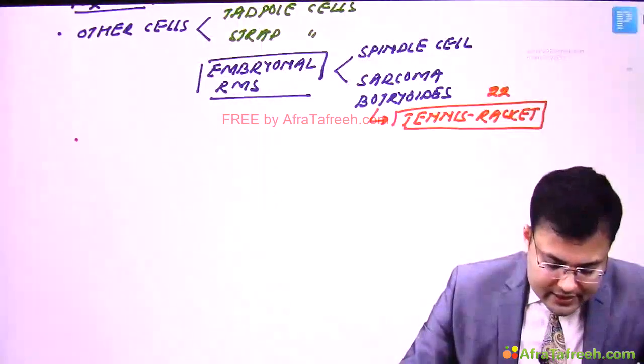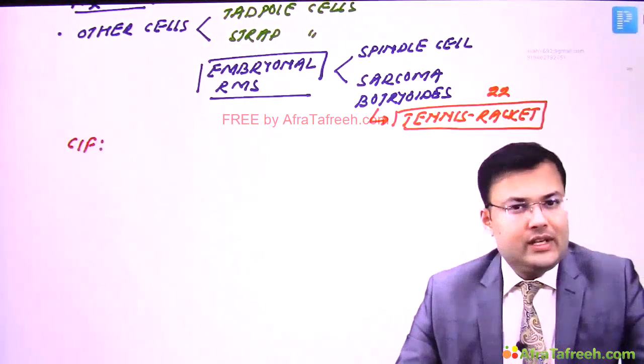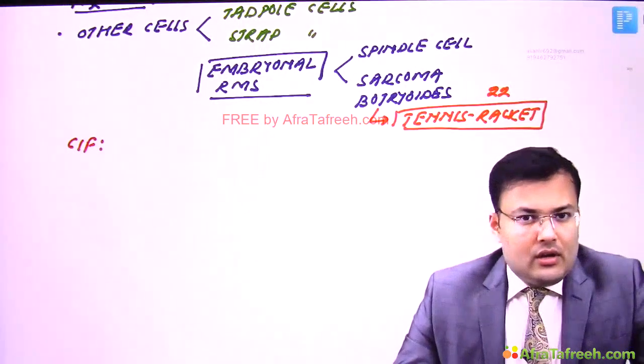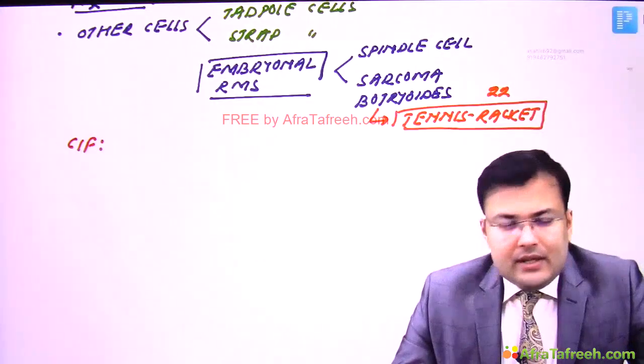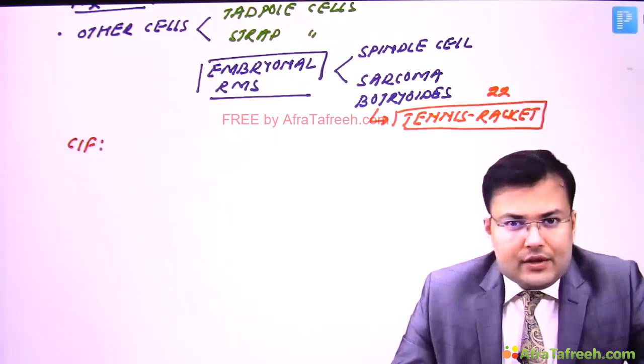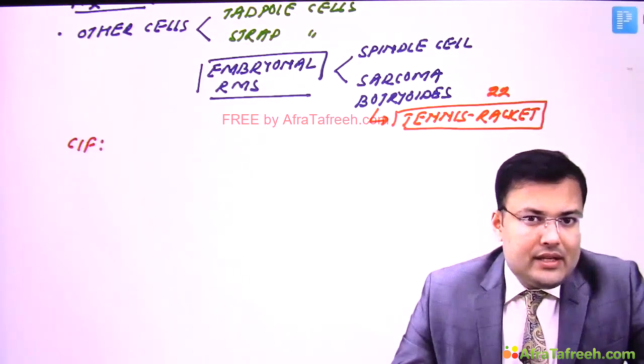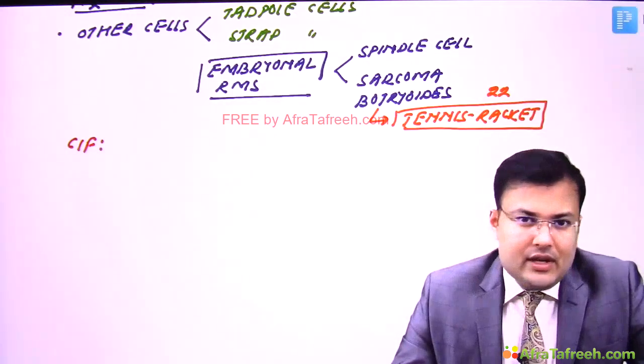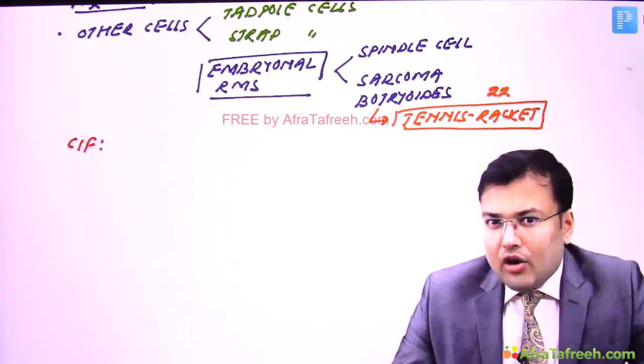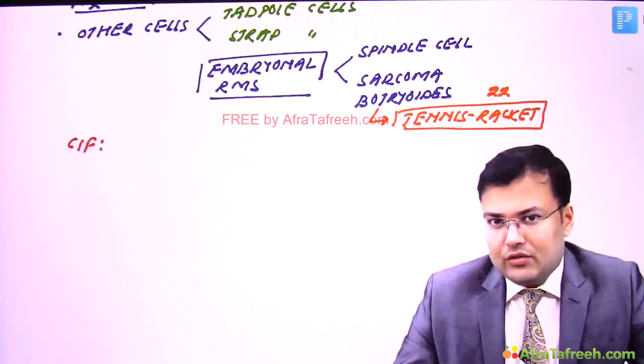Now coming to clinical features of rhabdomyosarcoma. It is bimodal: the first peak is seen at 2 to 5 years of age, and the second peak at 15 to 19 years of age. The rest of the features are almost similar to soft tissue sarcoma.